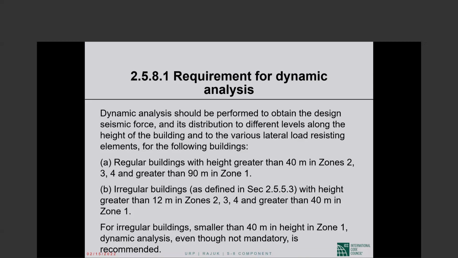The height thresholds are lower for irregular buildings than for regular buildings. Okay. The recommendation, a code typically does not provide recommendation. A code typically is a mandatory language document. Anything that is not mandatory, that is not enforceable, is typically not included in the code. But BNBC has given you that recommendation.